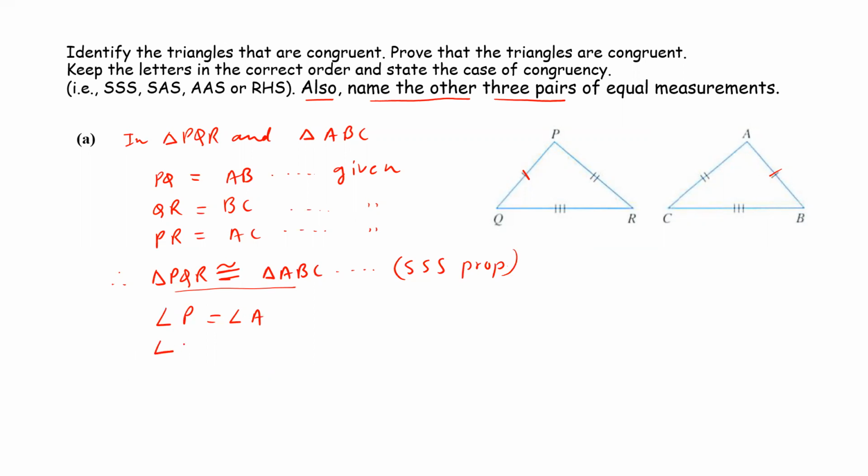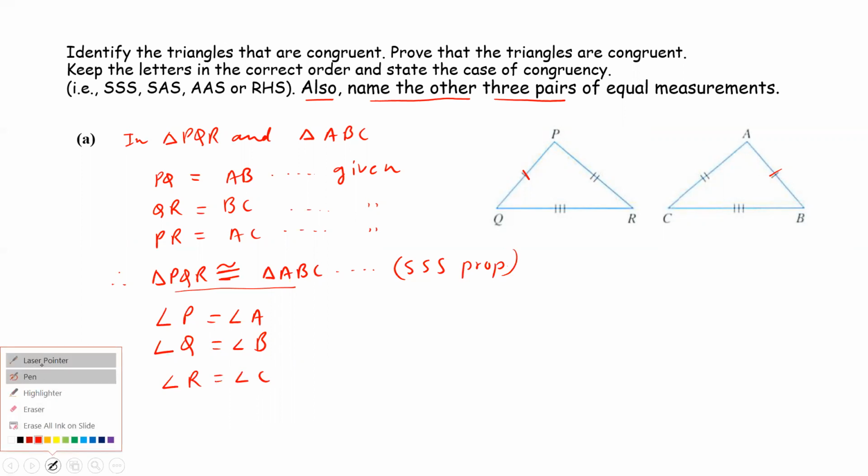So then angle Q is equal to angle B, and angle R is equal to angle C. You can actually see the order from here: angle P, angle A, angle Q, angle B, and angle R, angle C. So with that, let's see the next one now.